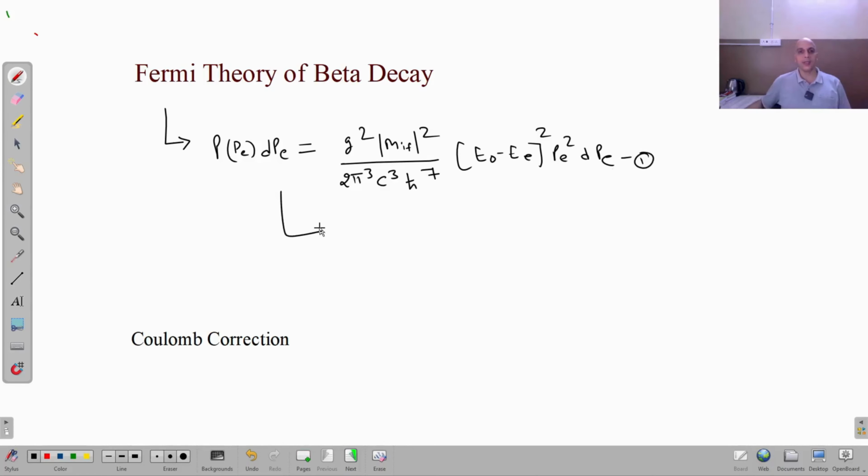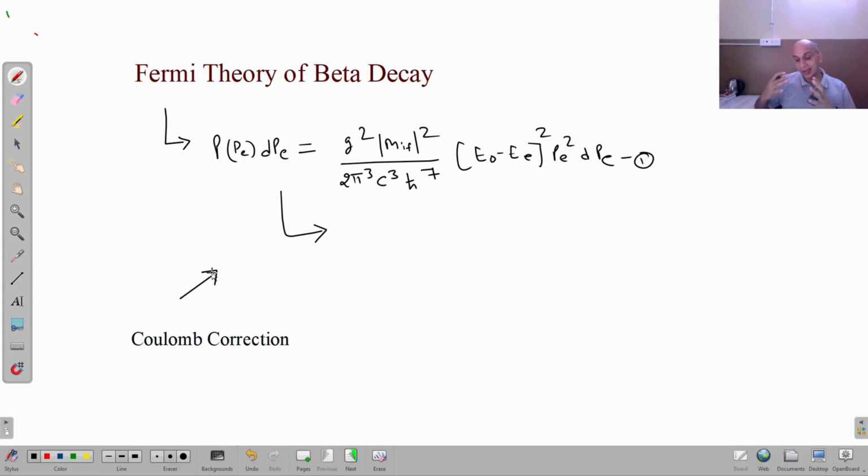So this was the expression that I derived in the previous lecture, and it tells us the probability of the emission of an electron that has momentum in the range Pe to Pe + dPe, or P to P + dP. Now this expression has been derived by ignoring the Coulomb correction, or Coulomb interaction.